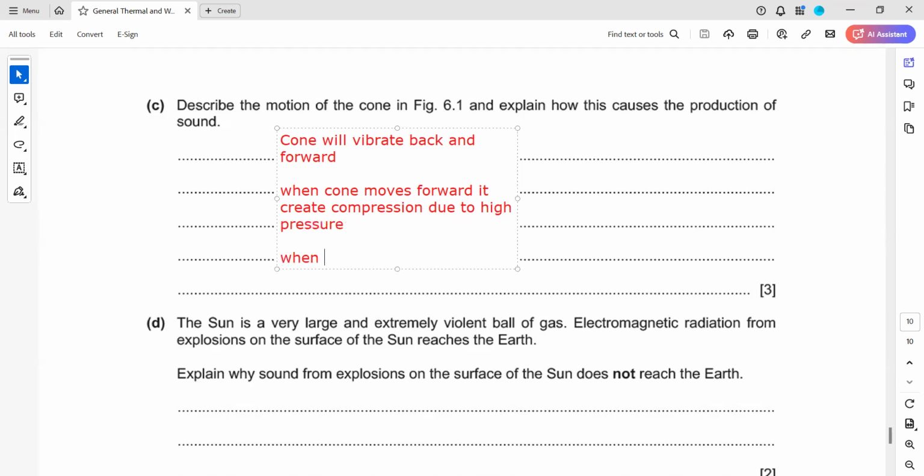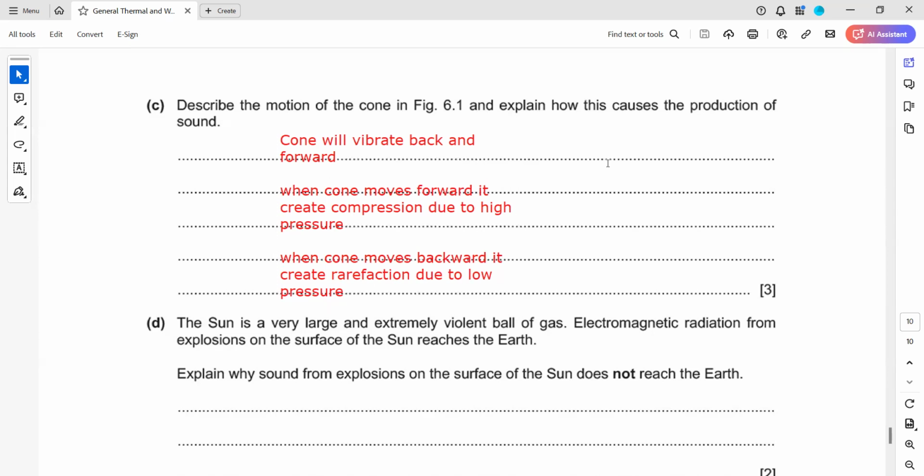And when the cone moves backward, it produces rarefaction due to low pressure. So compression and rarefactions are the regions of high and low pressure due to the motion of this cone or the source.